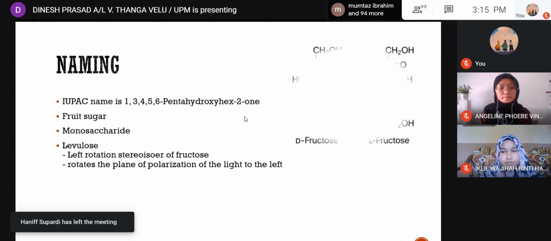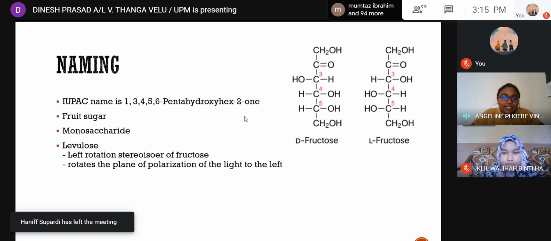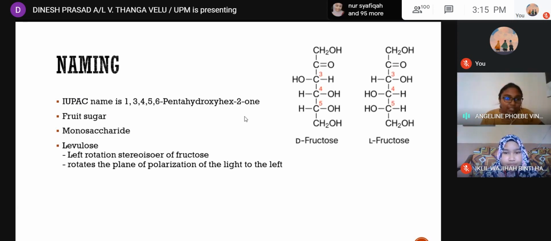Okay, as for the naming, we can name fructose in three ways. One is through its IUPAC name, which is 1,3,4,5,6-pentahydroxyhex-2-one. As you see in the structure, there are 6 carbons and it is a ketone structure, which is why there is hex-2-one. There are hydroxyl groups on carbons 1, 3, 4, 5, and 6, which is why it's pentahydroxy.